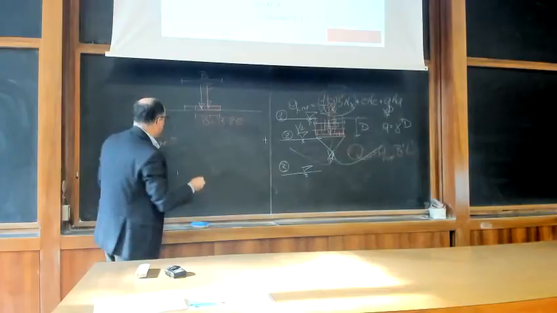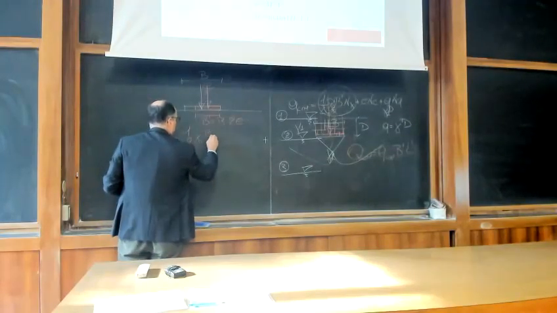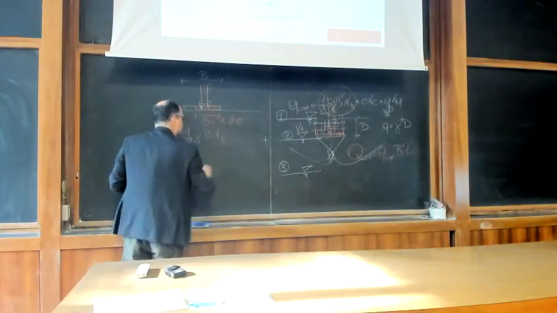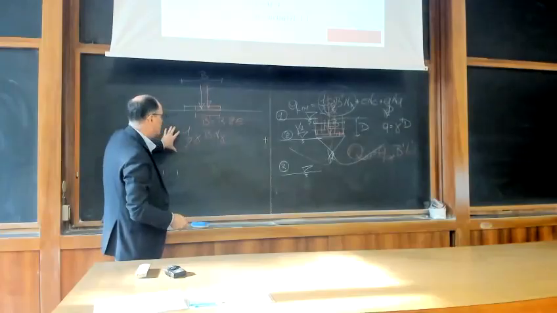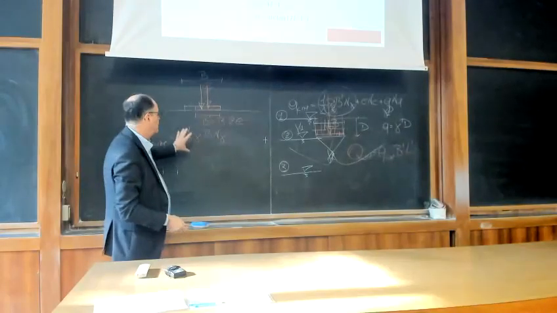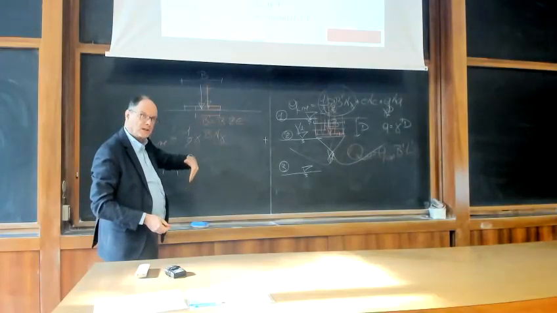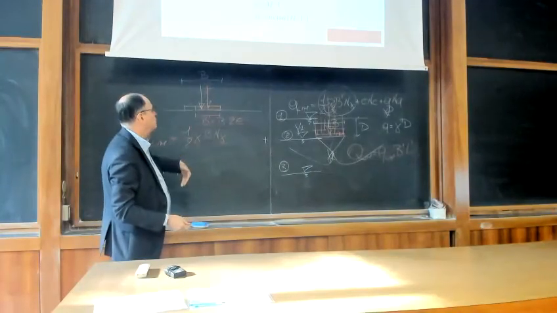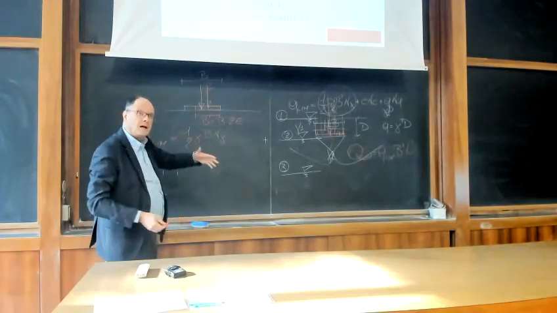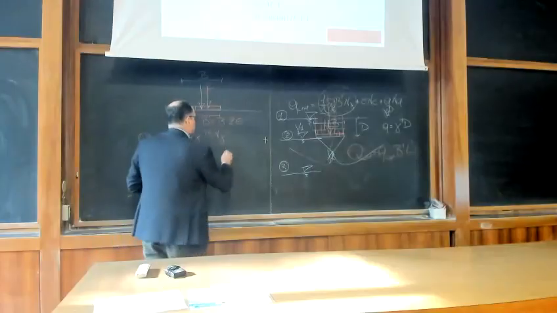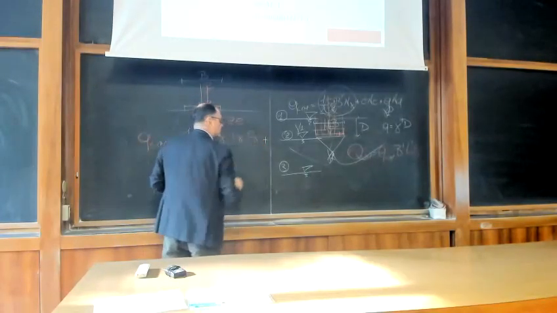So your limit is just 1/2 gamma B N gamma. You do not have the other terms in this equation. This is the formula that you have for a centered and vertical load. Now, if you have an inclined or eccentric load, you will have to multiply this by i gamma and e gamma.